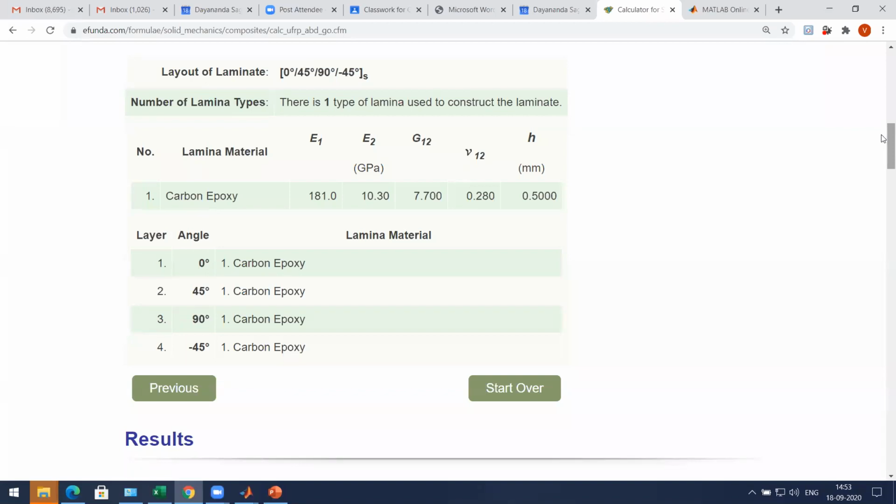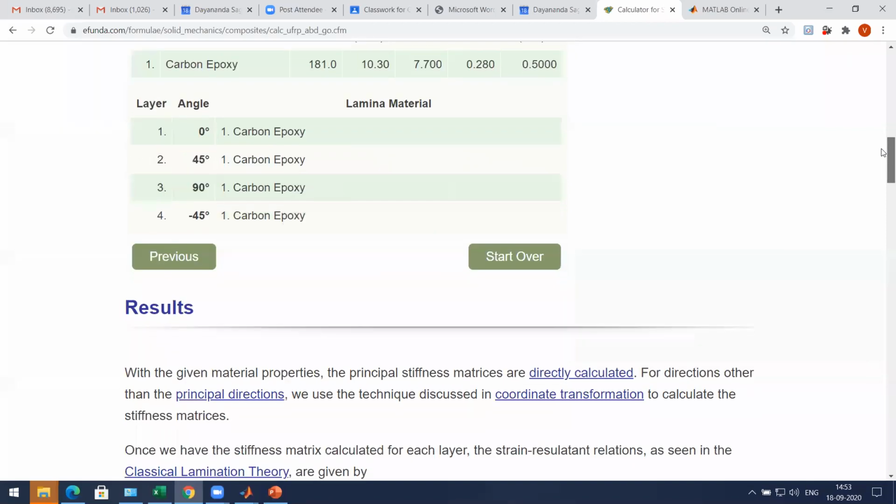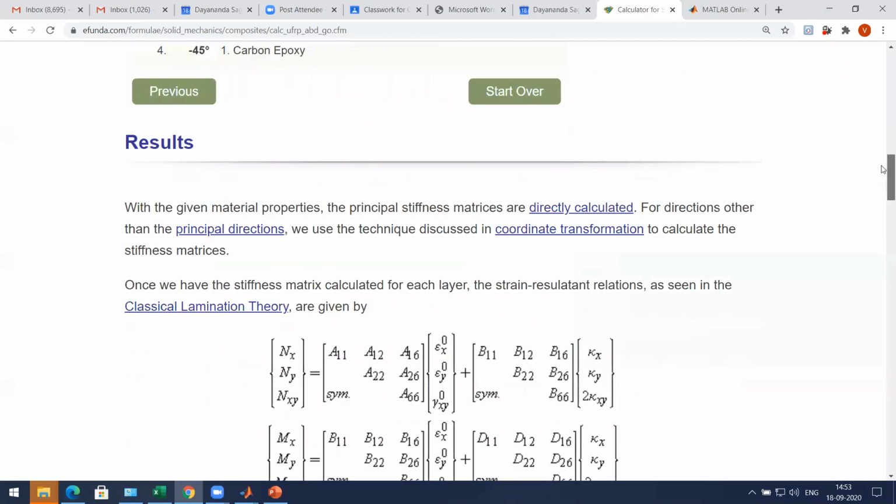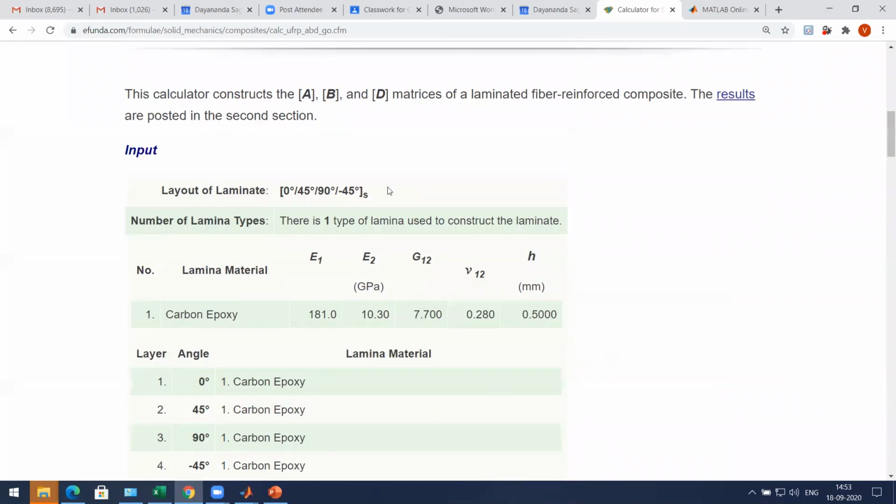Sir, in symmetry, after the minus 45, it will again repeat itself. Yes.